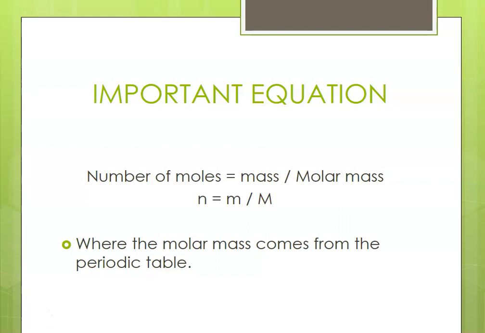So the number of moles is equal to the mass divided by the molar mass. The symbol for number of moles is little n, the symbol for mass is little m, m for Mary, and the symbol for molar mass is capital M. The units are moles, grams, and grams per mole. And you will always be able to find the molar mass straight off the periodic table.